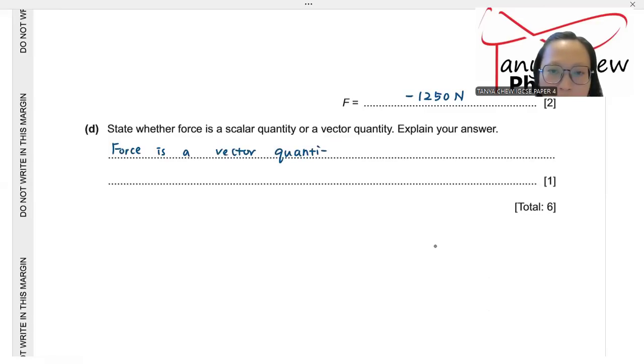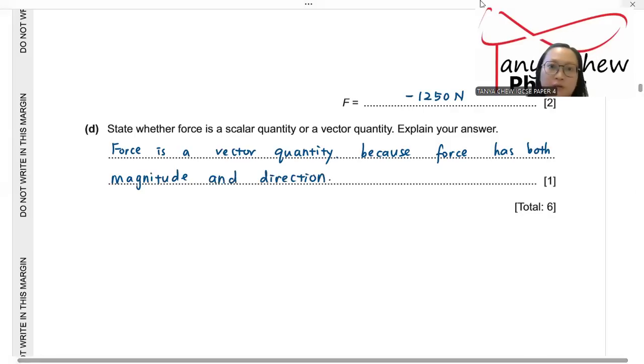If you are asked to explain why you say that force is a vector quantity, you can use the definition of vector quantity, right? Because force has both magnitude and direction. That's the answer. Magnitude is the value, direction is the symbol of positive and negative sign.